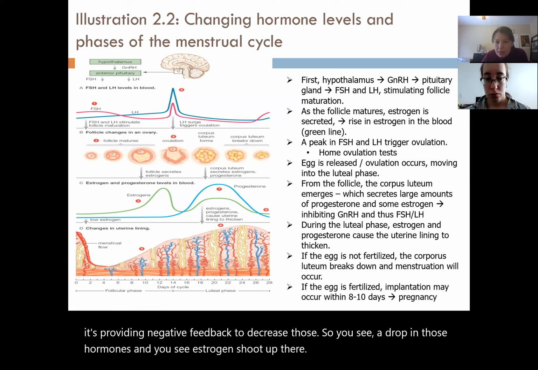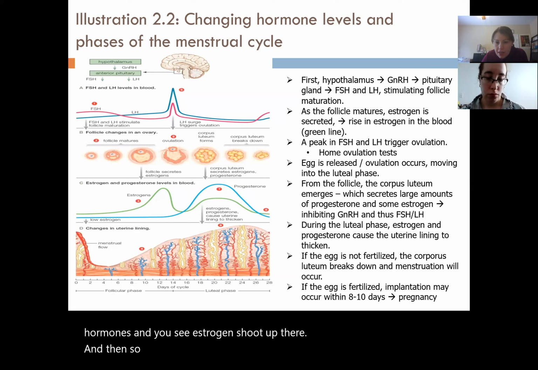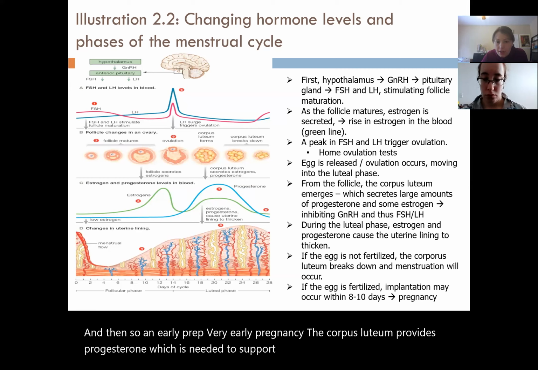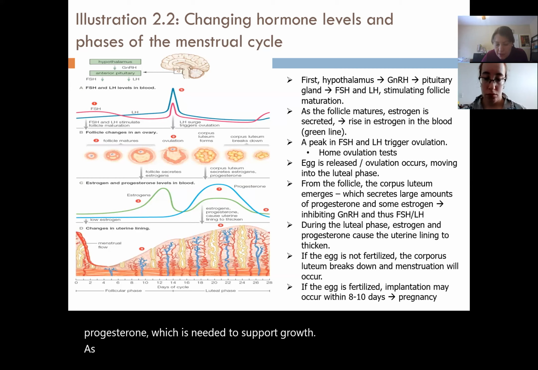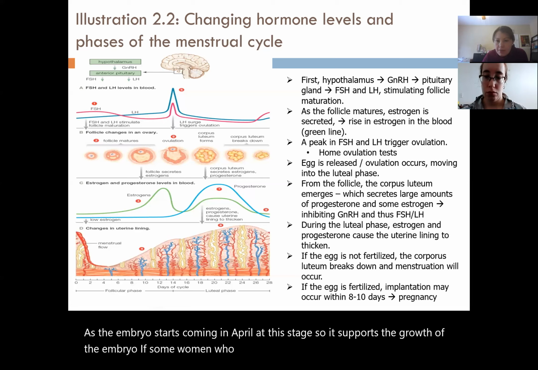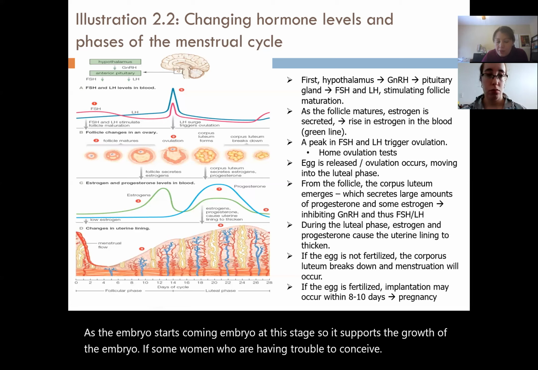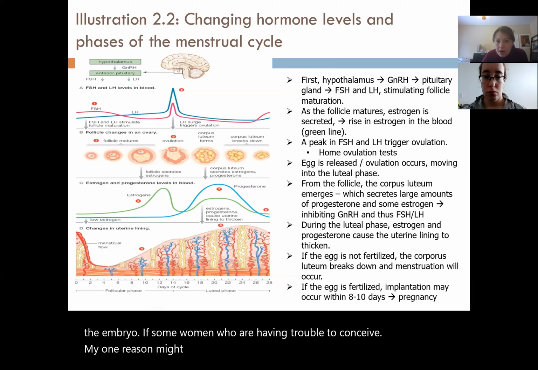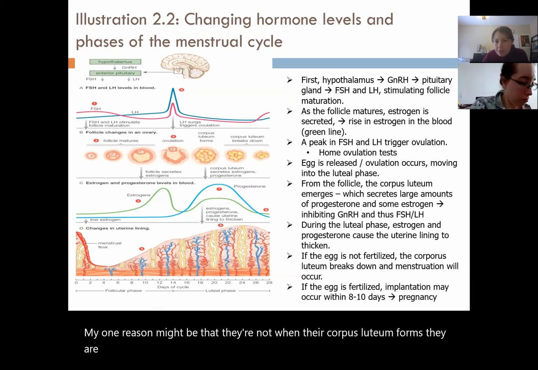And so in very early pregnancy, the corpus luteum provides progesterone, which is needed to support growth of the embryo. Sorry, it's called an embryo at this stage. For some women who are having trouble conceiving, one reason might be that when their corpus luteum forms, they're not producing enough progesterone for whatever reasons.